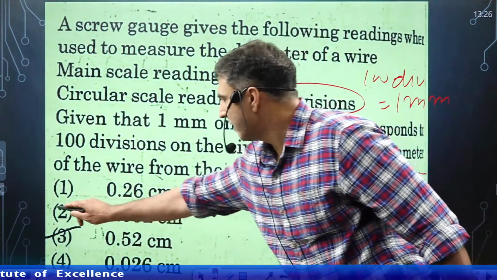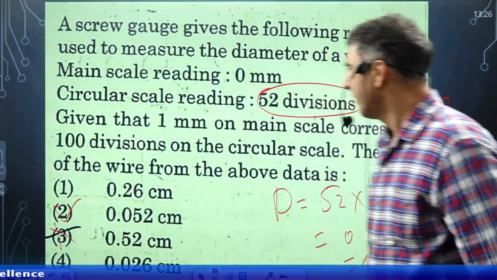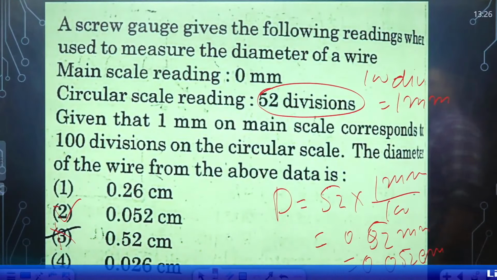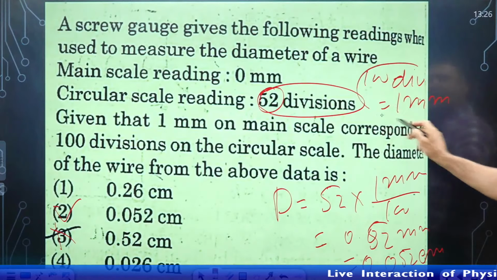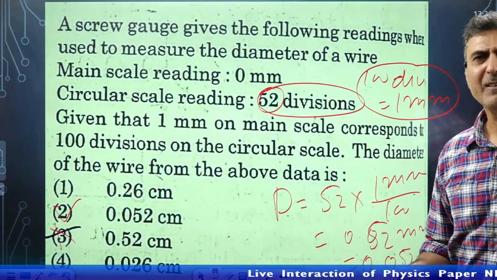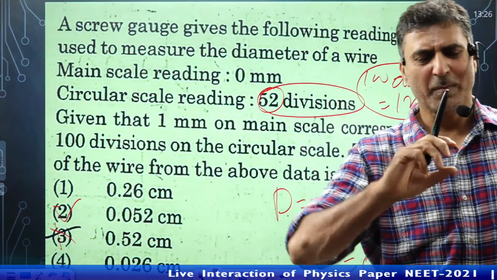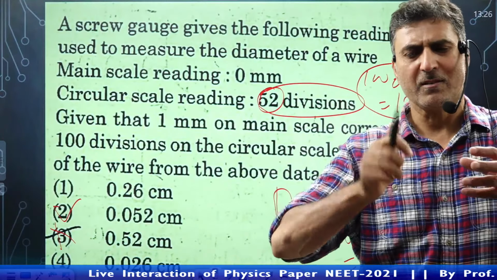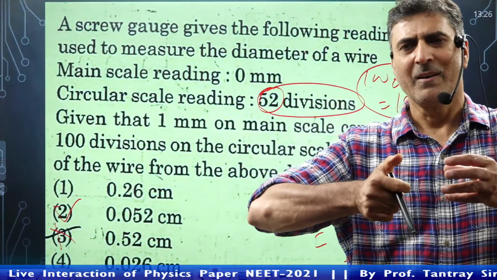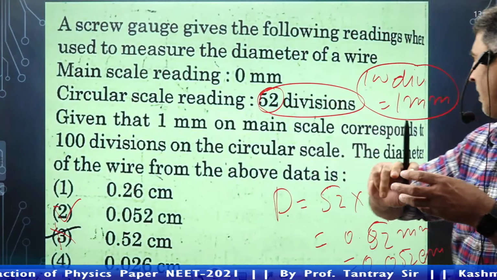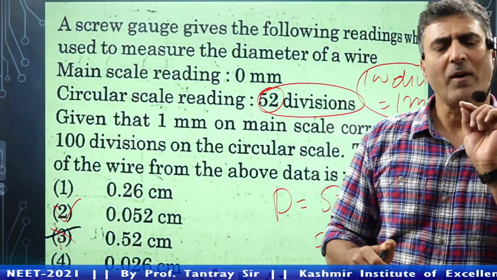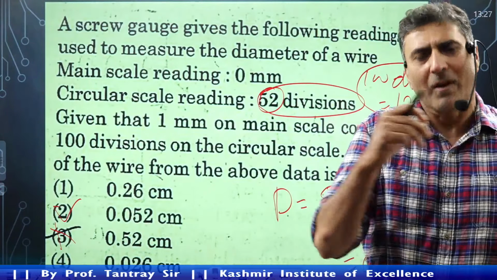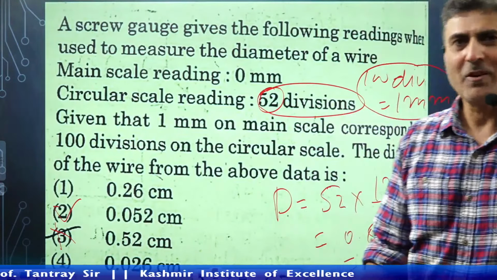This should be the answer, not this. It is so simple. These divisions give the diameter, but 1 division is given to be this, because 100 divisions is 1 millimeter. If you have seen a screw gauge and you wind it, one revolution of 100 divisions will advance it by 1 millimeter.